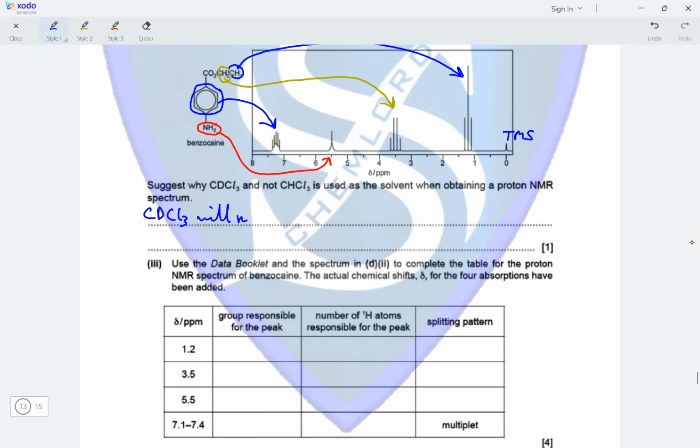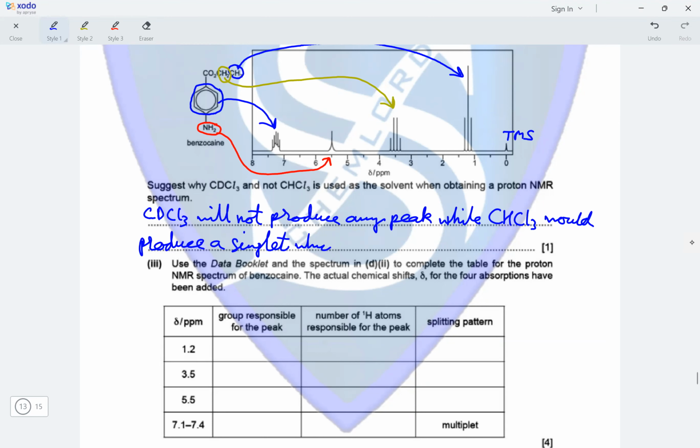CDCl3 will not produce any peak, while CHCl3 would produce a singlet which would interfere with the NMR spectrum of benzocaine.